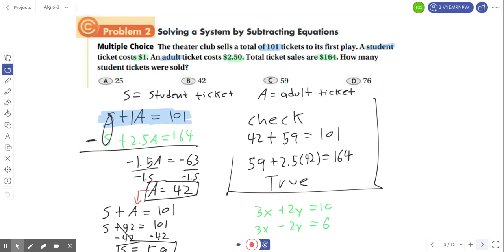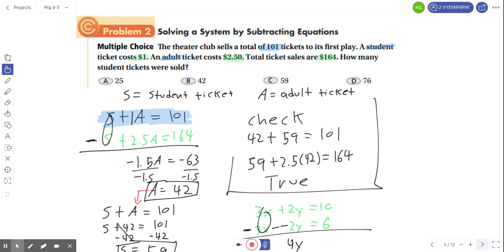If I was subtracting these two equations, you have to be very careful because 3x minus 3x is 0, but 2y minus negative 2y, this is minus negative 2y. That's the same as plus. That is 4y. Well, that's a really easy mistake to make.